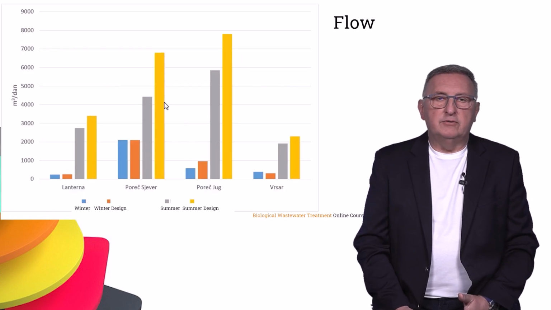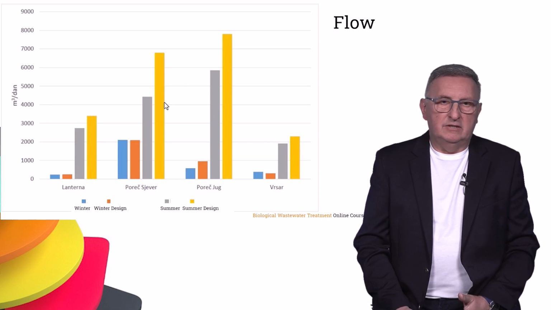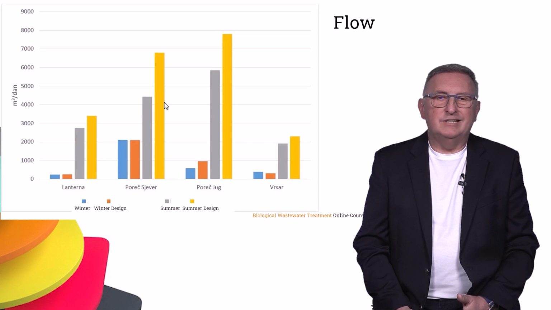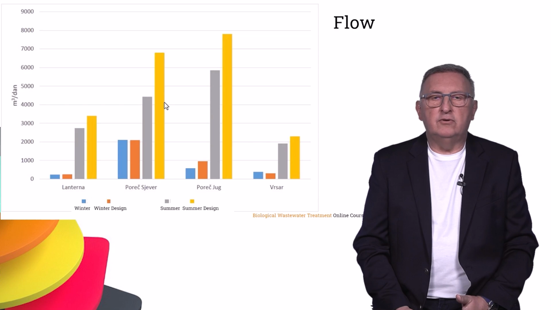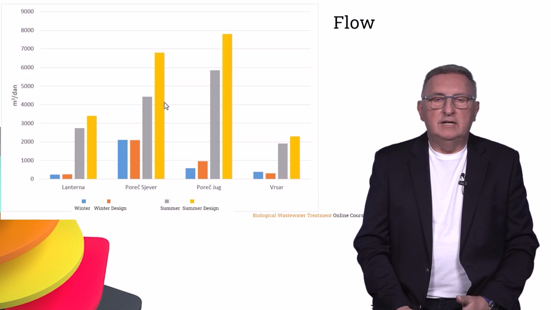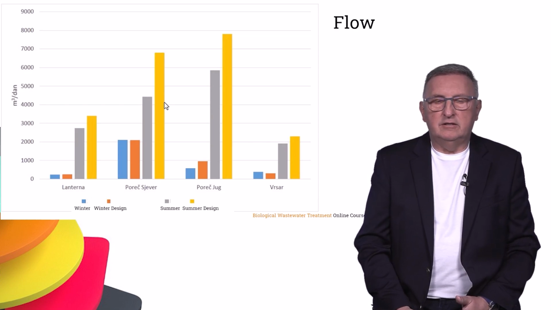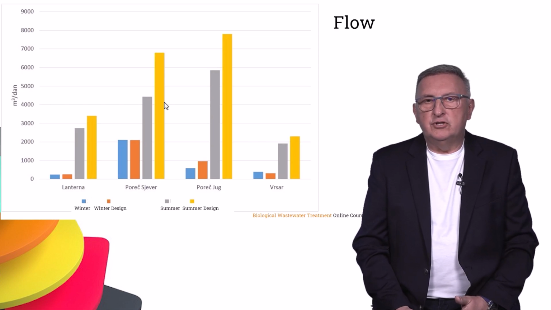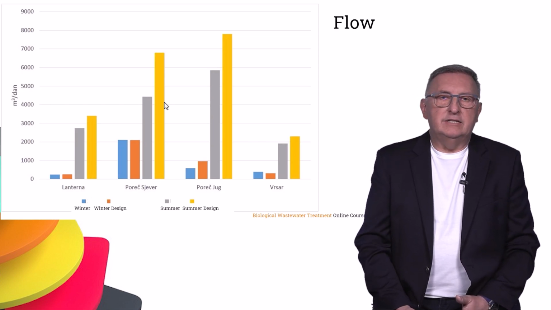And that was the case, of course, as also demonstrated by this analysis. We can see that for each of the 4 wastewater treatment plants, the installed design capacity is higher than the current load, and in all 4 cases there is a difference between the current load and the future design load, and that is also by design.